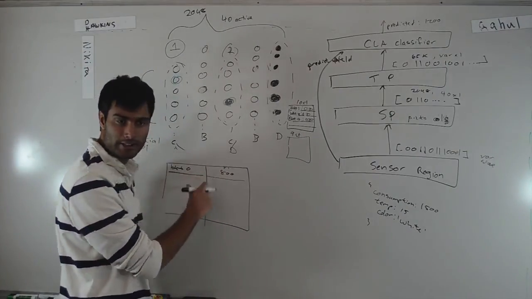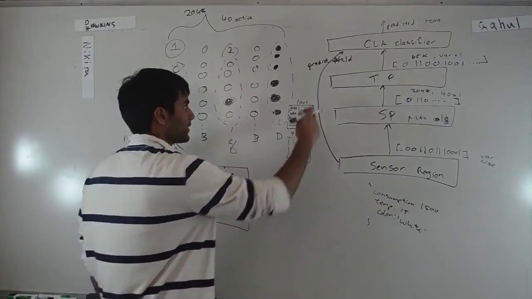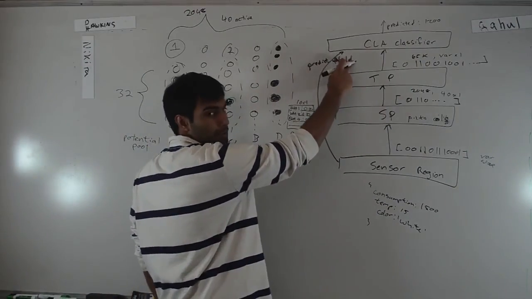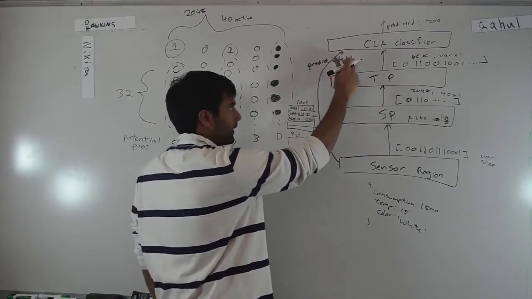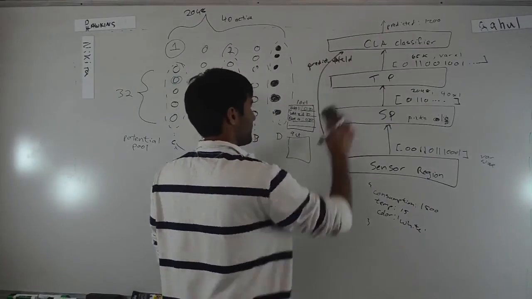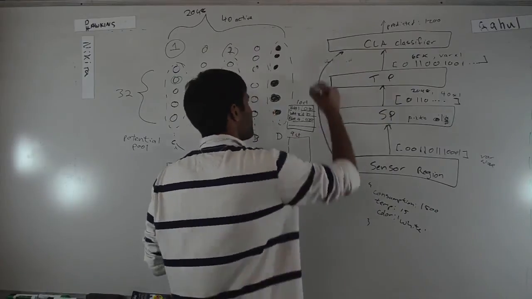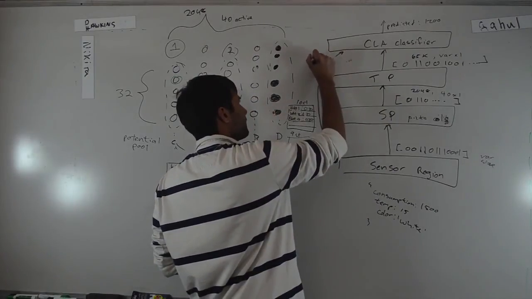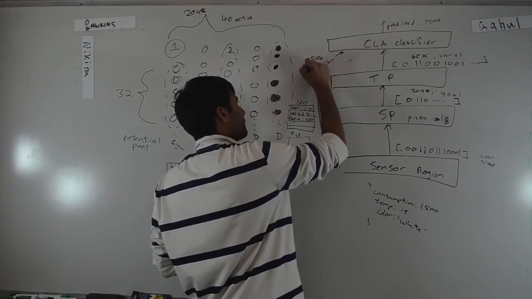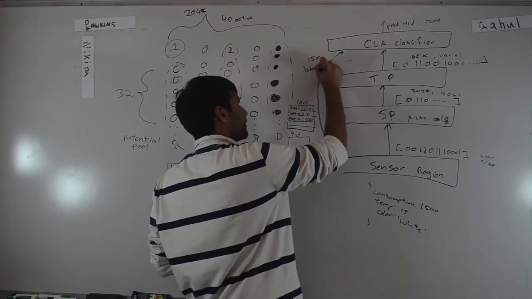So actually the sensor region will pass up the value as well as the bucket index. In fact, what we pass up here is the value 1500, and we'll say it's bucket 4.